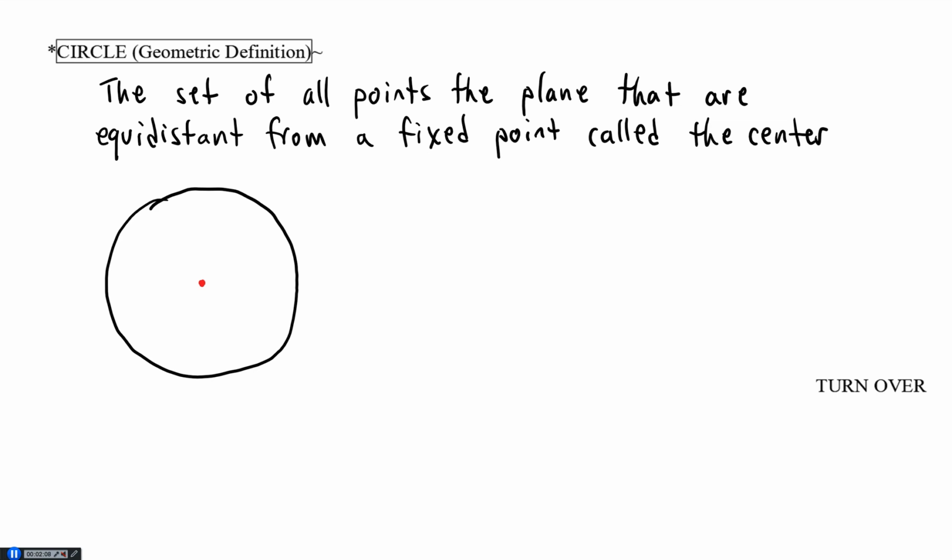And then you've got this fixed distance that all of these points, so any other point you pick that is on the circle, are all exactly the same distance from this point called the center. So this is the center, and this distance from the center to any point on the circle we call the radius.